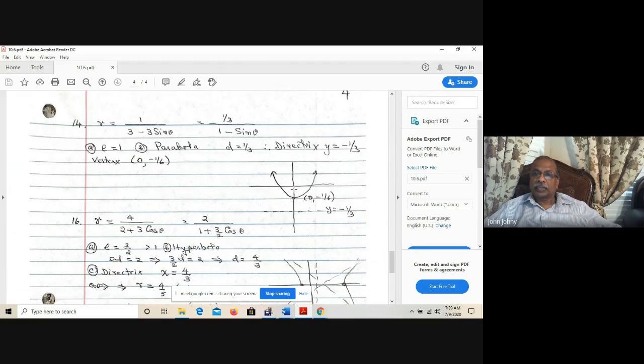So this point is the actual midpoint of those two. So that means 0 minus 1/3 divided by 2. So y is negative 1/6. Origin is the focus, and since eccentricity is 1, the vertex is at the exact middle. Therefore, you find the average of 0 and negative 1/3. So y coordinate is negative 1/6.